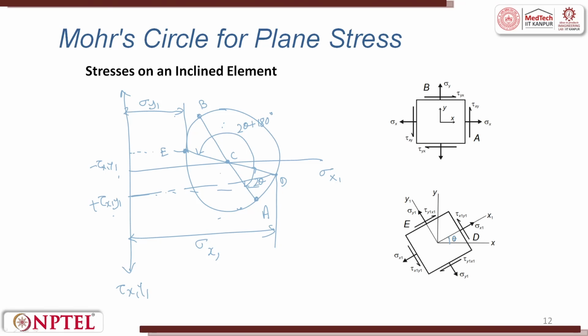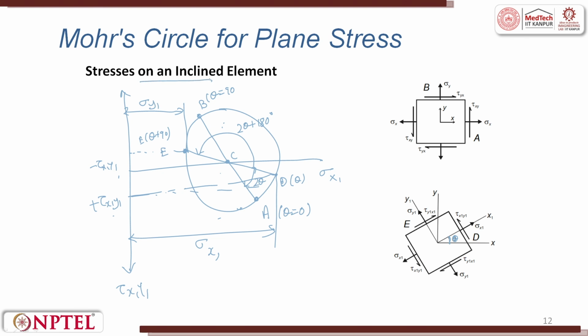And here, A is theta equal to 0, D is theta, E is theta plus 90, right. So, this is the angle shift which is done. So, this is the theta which is shifted. This is how you represent in the Mohr circle of a plane stress, the stress on an inclined element.